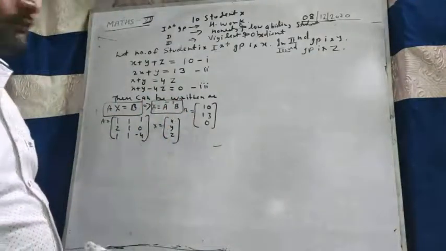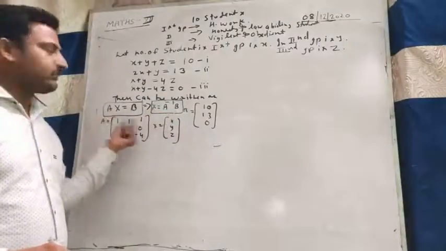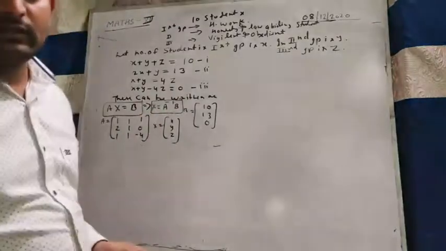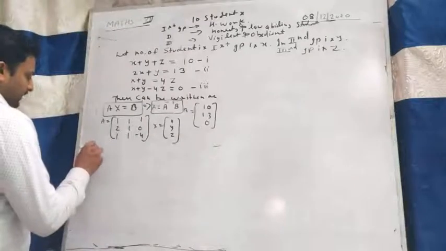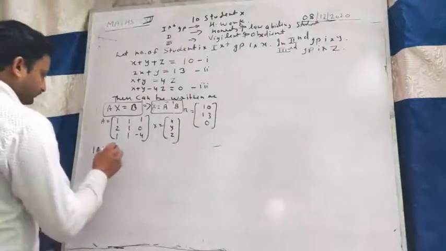If we are able to find A inverse, we will put the value of A inverse in this equation, and after multiplication with B and comparing with X, we will get our X, Y, Z. So first we will find the determinant of A.